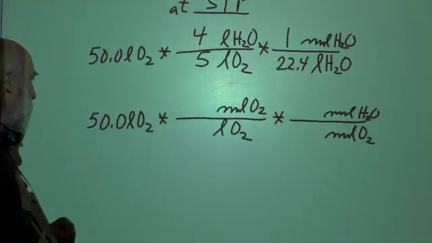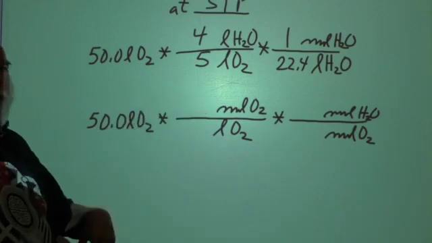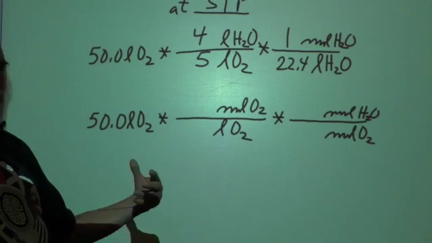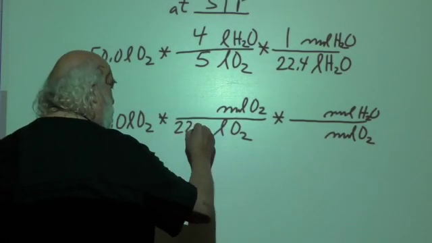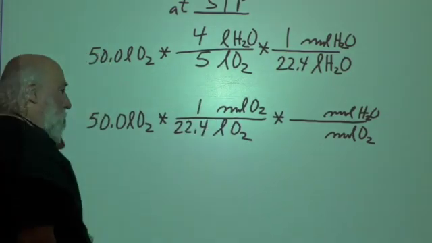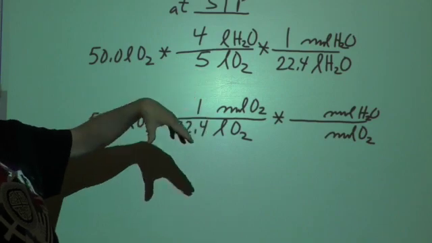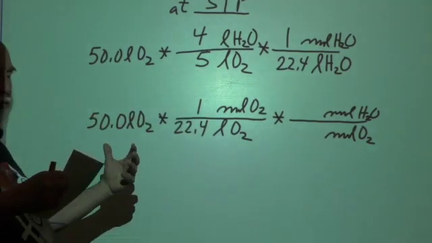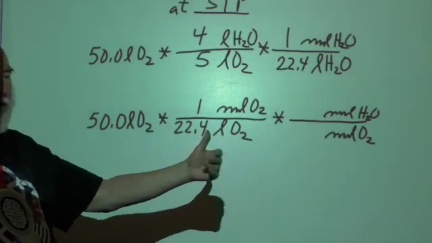All right? Now, the number of liters in a mole, that is what STP volume is defined as: 22.4 liters in a mole. So I put the 22.4 liters right here, and 1 mole right there. And when I go from moles to moles, again, the equation refers to molecules, moles, and volumes of gas.